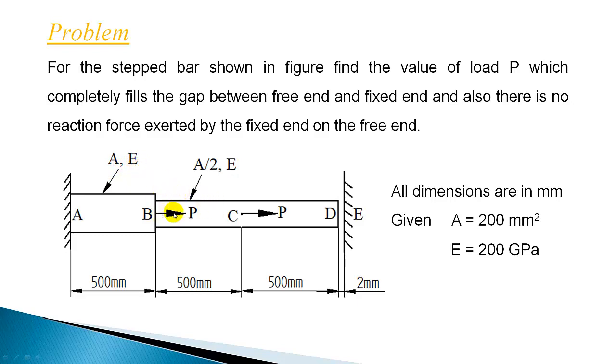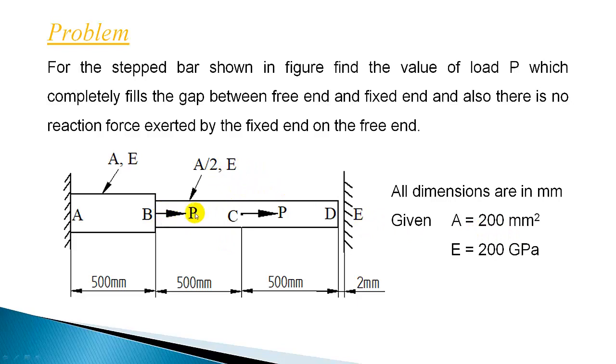Whereas from B to D, the area is A by 2. A by 2 means 100 mm square and Young's modulus same as this section, 200 gigapascal. So for BC and CD, the area is 100 mm square, A by 2.